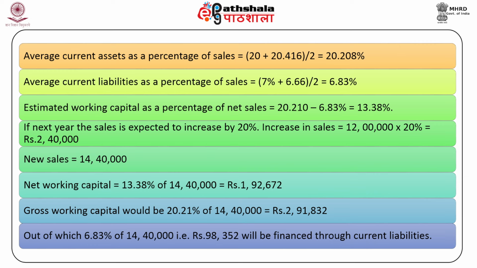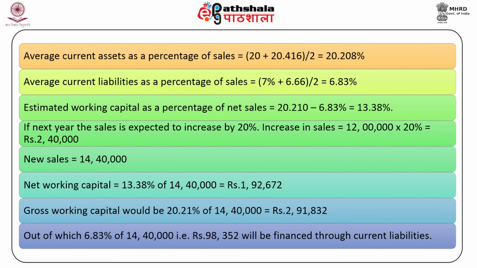Similarly, average current liabilities as a percentage of sales is equal to the average of 2 years, that is 7% plus 6.66 divided by 2, which is equal to 6.83%. Now estimating working capital as a percentage of net sales is equal to 20.21 minus 6.83, which is equal to 13.38%.